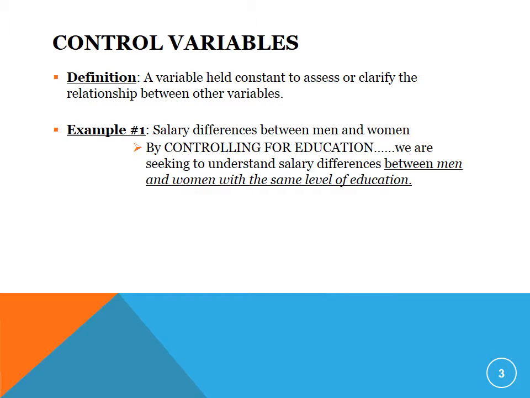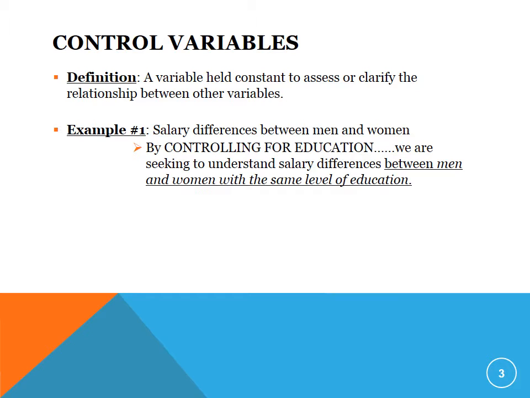So control variables, by definition, is a variable that is held constant to assess or clarify the relationship between other variables. Here's one example. So we are doing a study and we want to understand the relationship between gender, education, and salary.